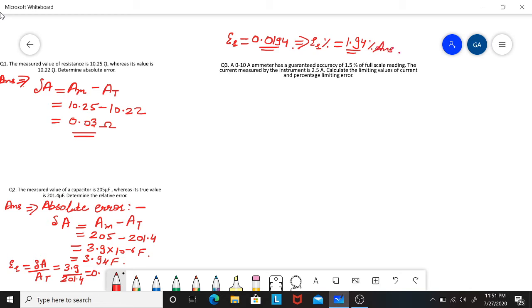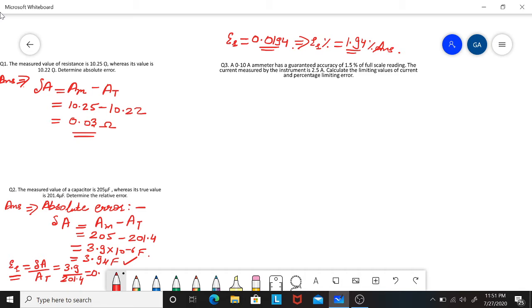I hope this is clear to you that we can first calculate the absolute error. Absolute error is your delta A, which is the difference between the measured value and the true value. So you got it here as 3.9 microfarad. Then to calculate epsilon r, we have the formula delta A by A, which is 3.9 by 201.4.